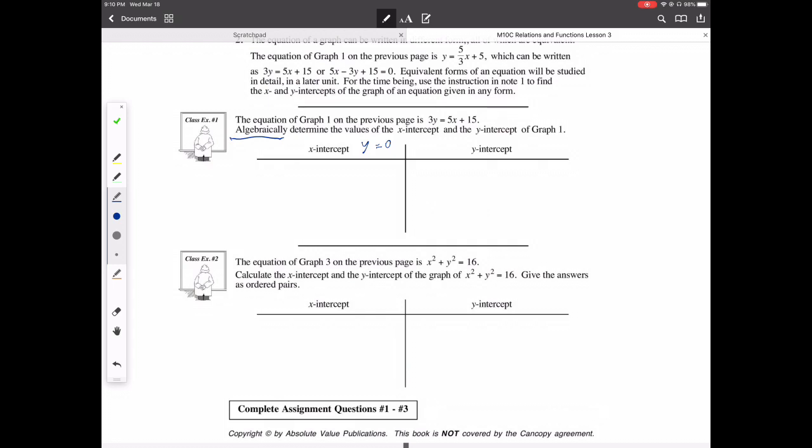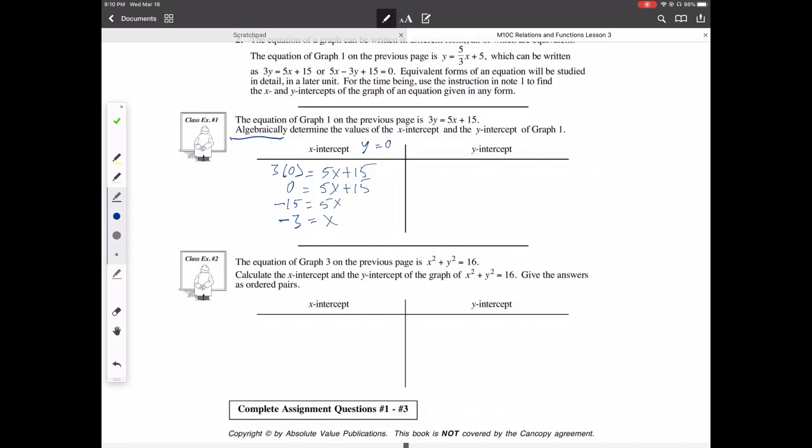So 3 times 0 equals 5x plus 15. 3 times 0 is just 0, which is equal to 5x plus 15. Then I just need to solve for x. I'm going to subtract 15 from both sides: -15 is equal to 5x. I'm going to divide both sides by 5: -3 is equal to x. That's the same as the solution we got, -3 and 0.